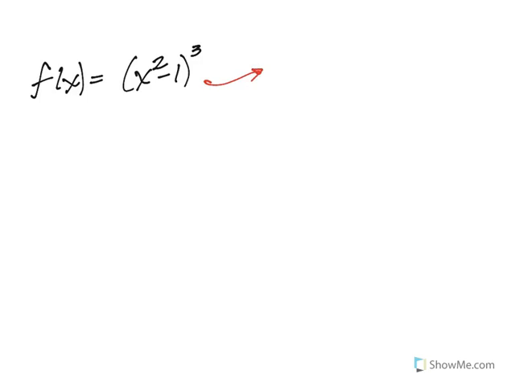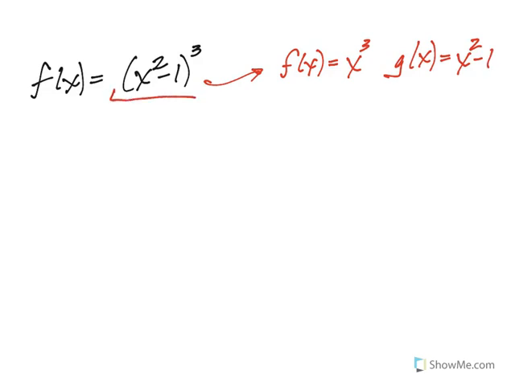If I broke this into two separate functions and said that f of x was equal to x cubed and g of x is equal to the inner part, x squared minus 1, I think you might agree then that this expression right there, using these two functional equivalencies, could be written as f of g of x.